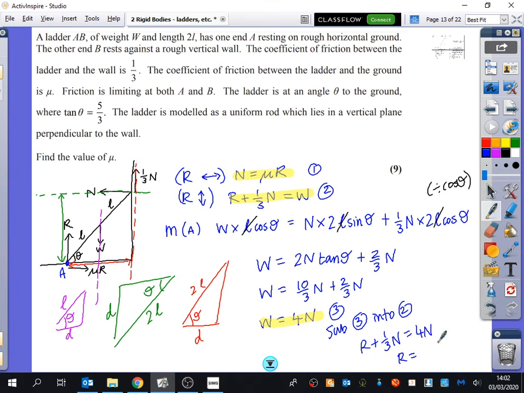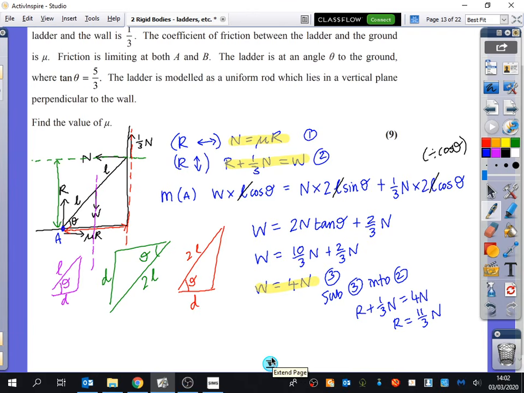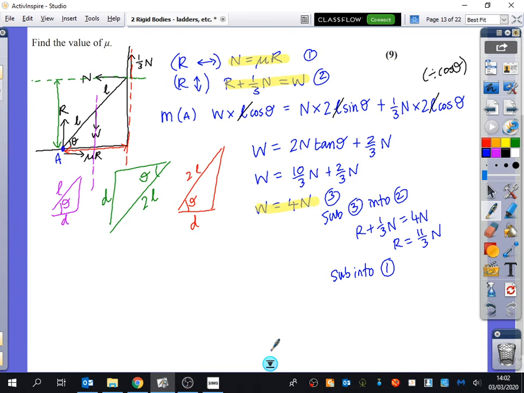So R is equal to 11/3 n. And now if I go to the top one, if I sub into number 1, I get n equals mu multiplied by 11/3 n. So dividing both sides by n and multiplying through, I get mu equals 3/11.